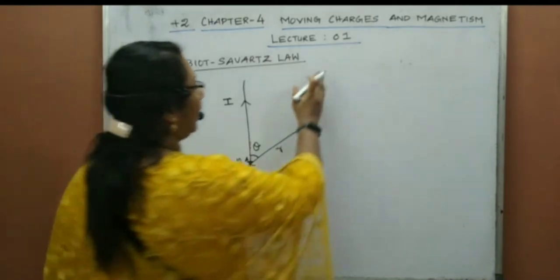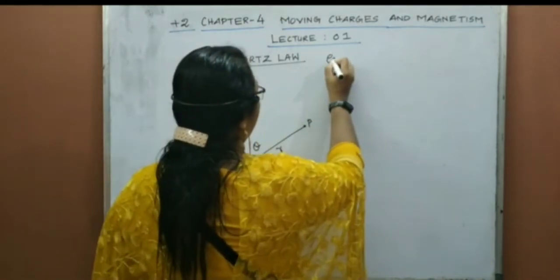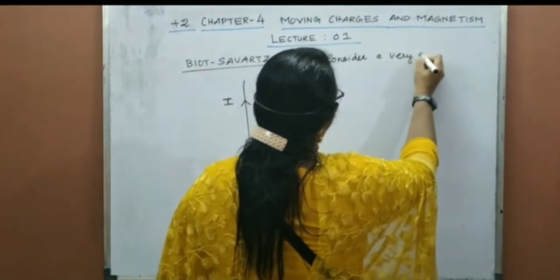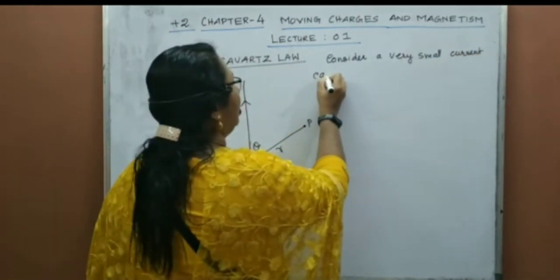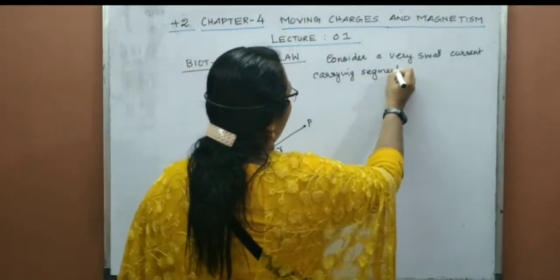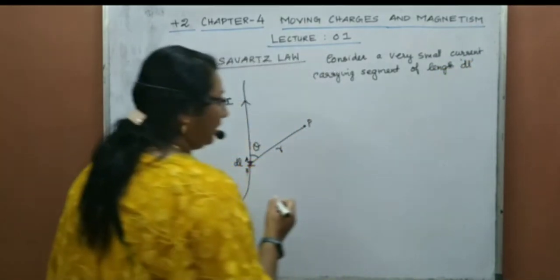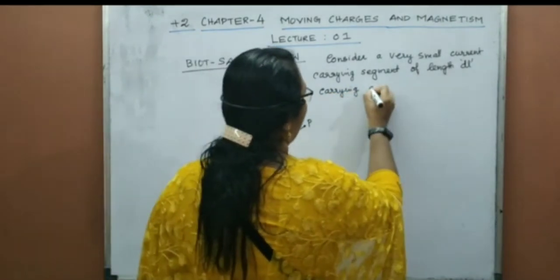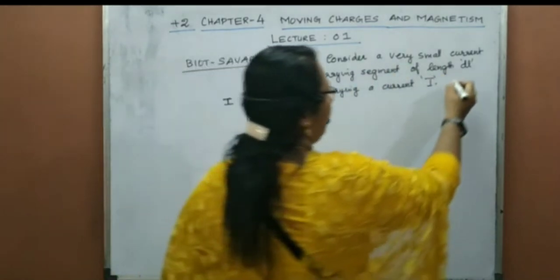So according to Biot and Savart, they considered a very small current carrying segment of length dl, carrying a current I. P is a point.